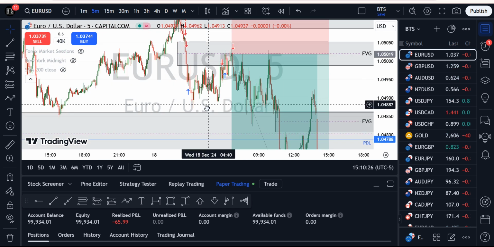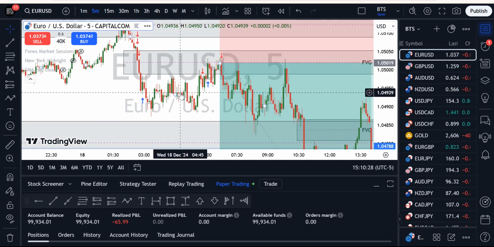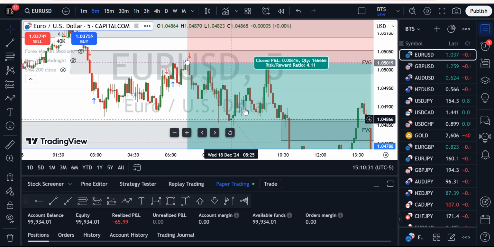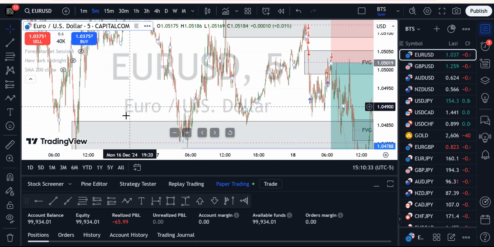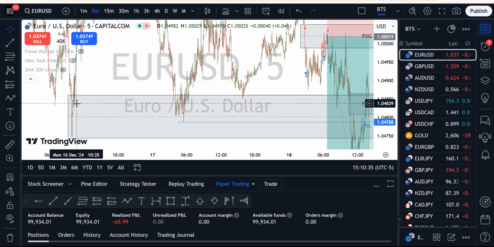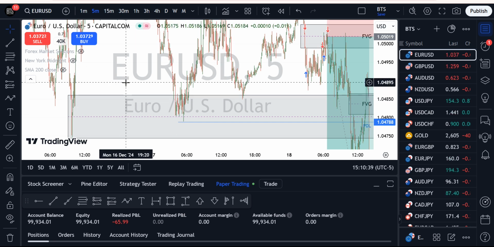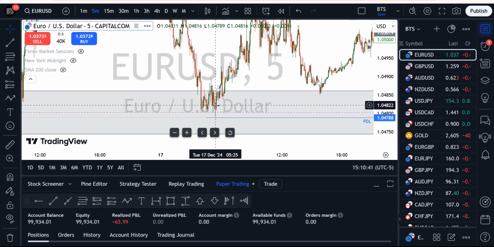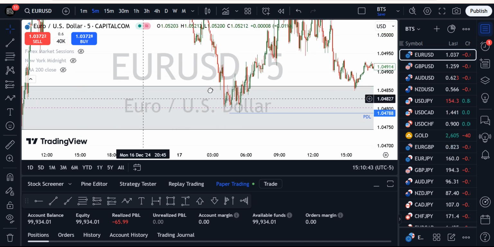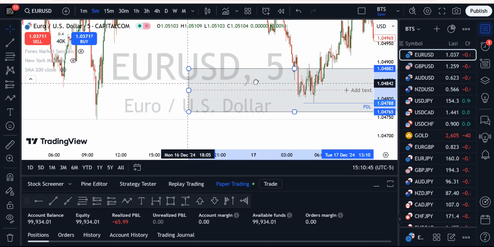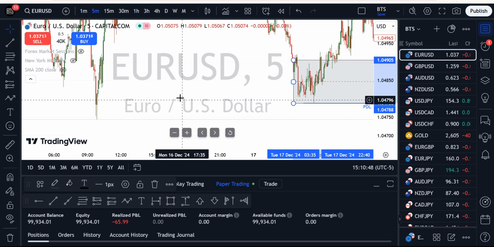Now, one of the things I also need to show you is we were reacting off of the previous demand level, which was this. Now, before this, I already moved my demand level because we respected this demand level. So I moved my demand level from here, right? We've tapped this already.